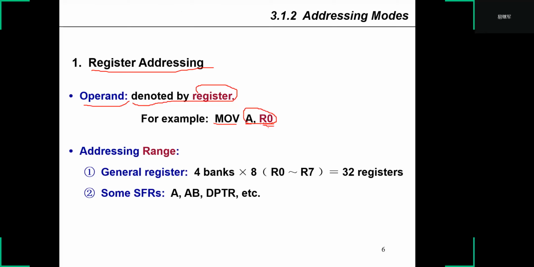Here we use R0, which is a register, so we call this register addressing. The meaning of this instruction is move the value in R0 to the A register.